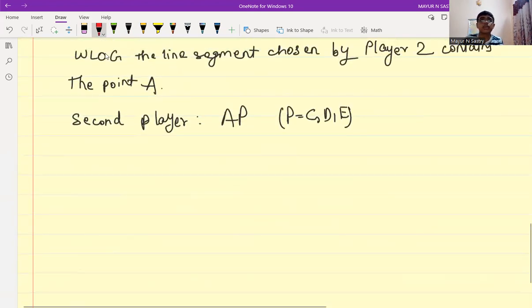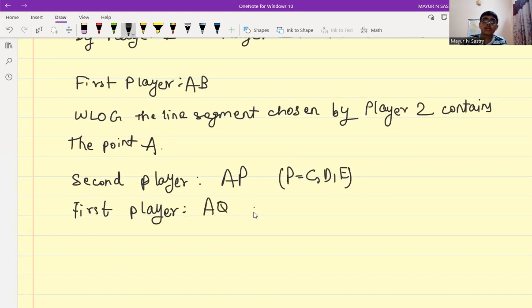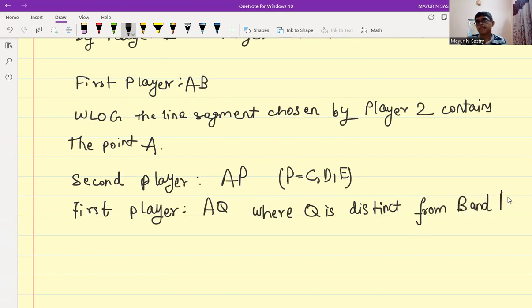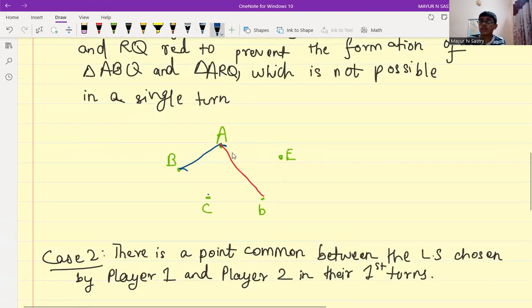So this first player will choose AQ, where Q in fact is distinct from B as well as P. So here I'll just join AE. In fact, I could have also joined AC. Here AC and AE would lead us to similar arguments.